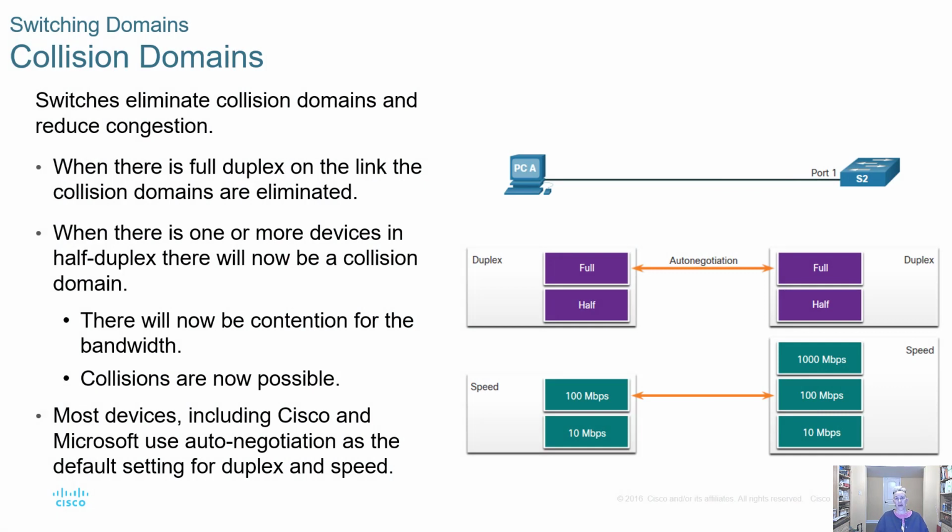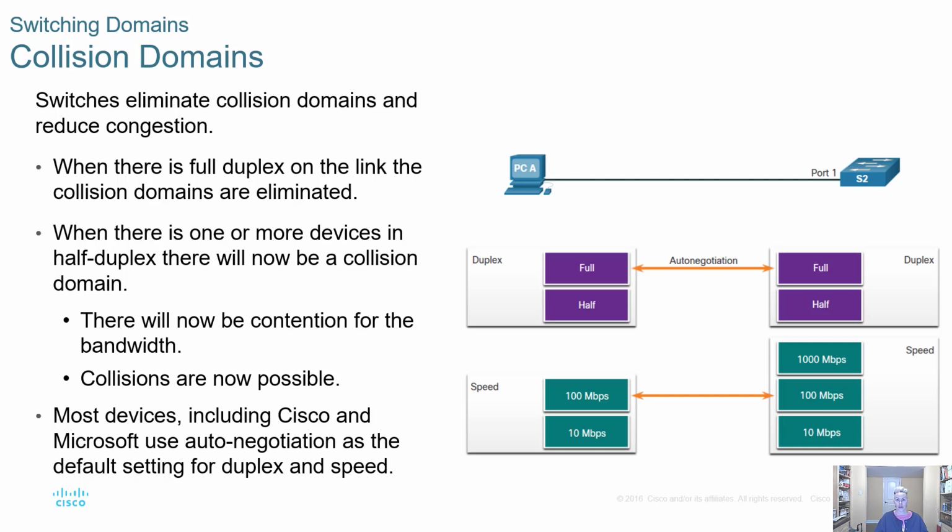A collision domain is when you can have collisions, right? If packets or the data bump up against each other due to congestion, poor configuration, or half duplex, there are different things that can cause these collisions. Now, switches pretty much eliminate collision domains and collisions because now you can do full duplex on a switch.